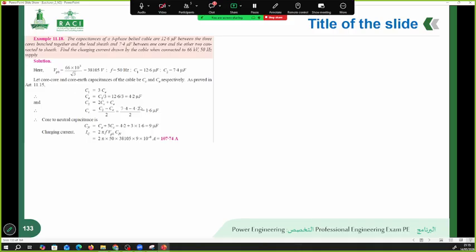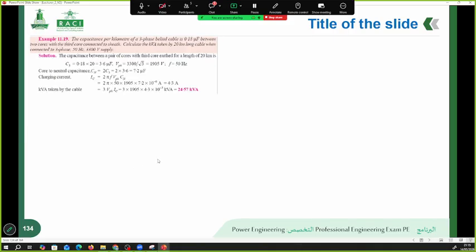We already found all of these capacitances, so we just need to replace the values, and finally we can find CC as 1.6 microfarad. The core-to-neutral capacitance can be found based on this equation, and finally for the charging current, we just replace the values in these equations.